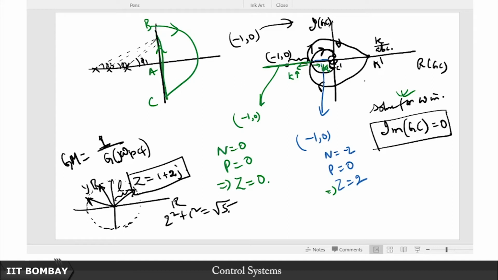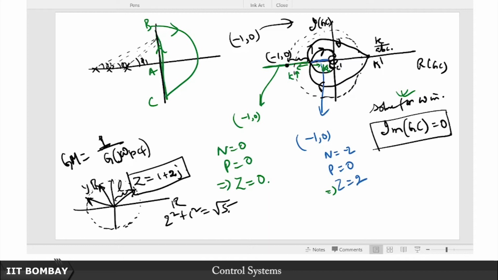So if we want to find out where the magnitude of this open loop transfer function GC equals unity, I better draw a unit circle. So let me draw that unit circle here. Suppose this is the point unity, so it must pass through this.